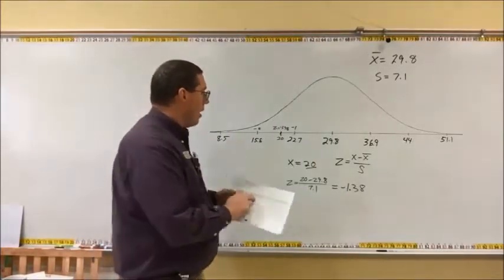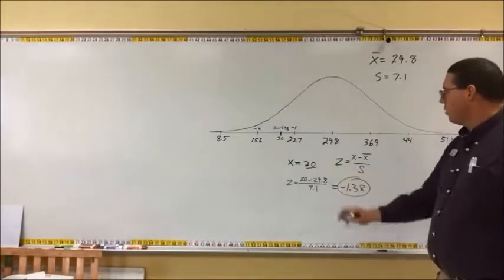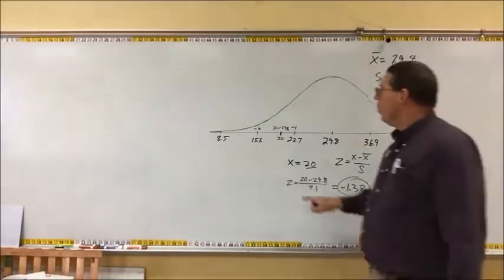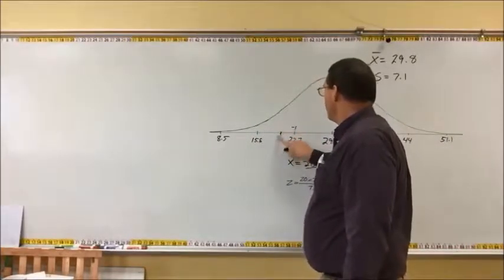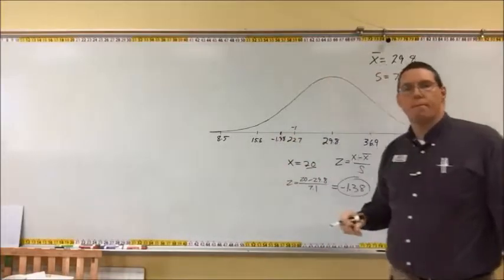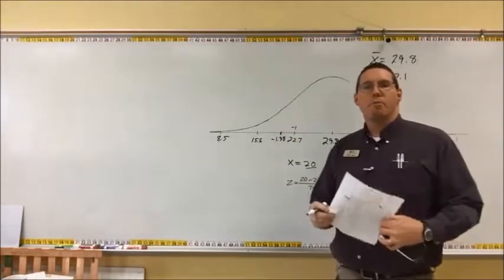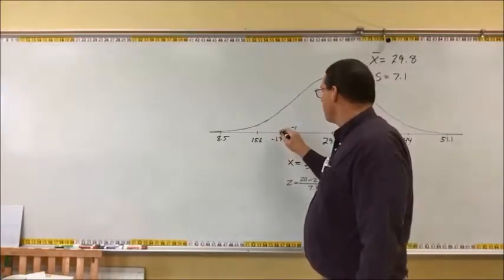And so let's say that we had a z-score of negative 1.38, and we wanted to know what proportion of observations are less than negative 1.38.